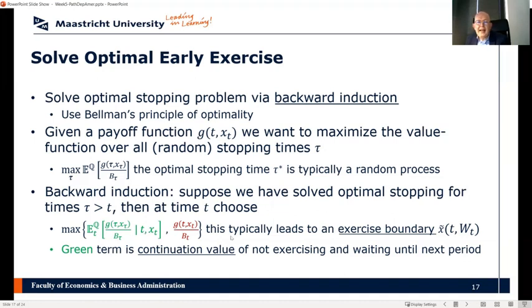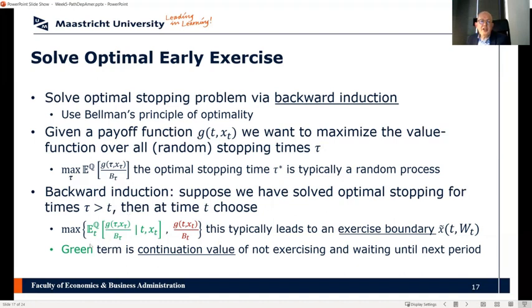And typically what you get is a so-called exercise boundary. There is a unique point, which I call x tilde at time small t, given the underlying Brownian motion or given the underlying state of the world. And then above x tilde or below x tilde, you are continuing or exercising, etc.